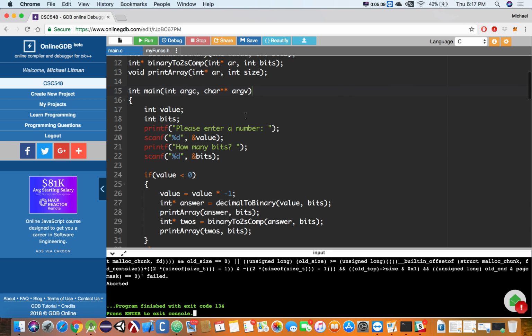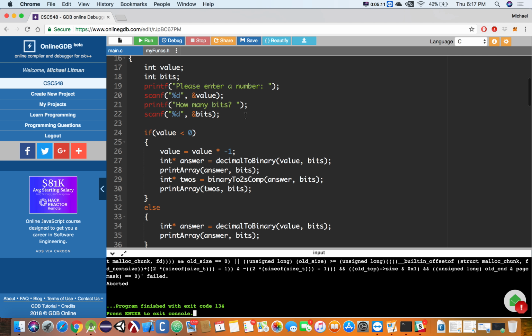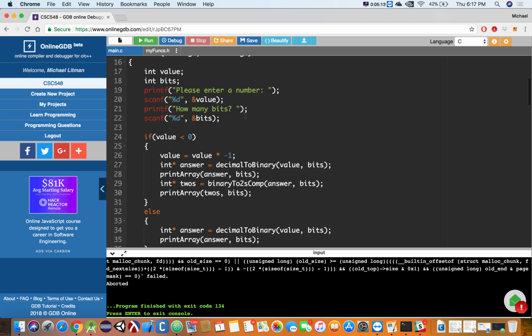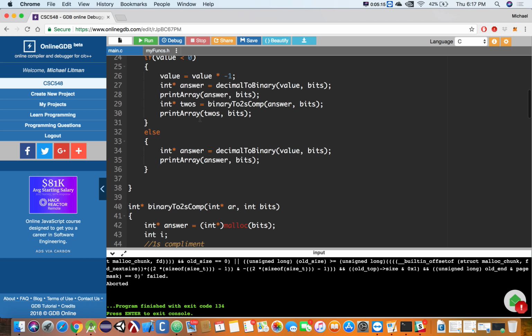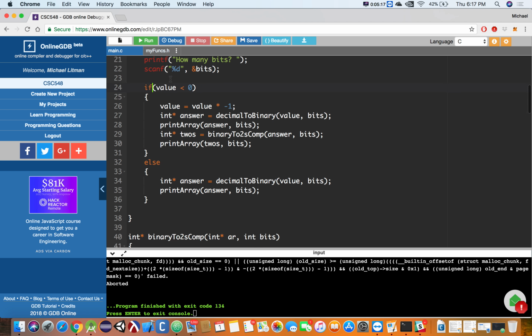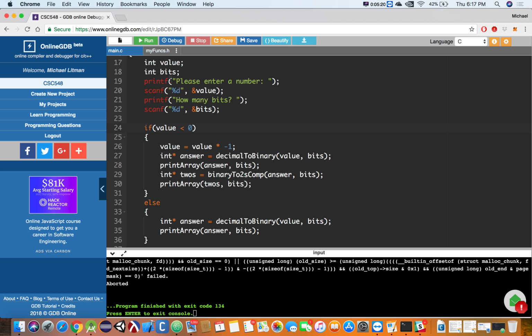All right, so what we need to do here, we're asking the question, so we're using 2's complement to encode our values that are less than 0, right? Otherwise, we're just storing it normally.